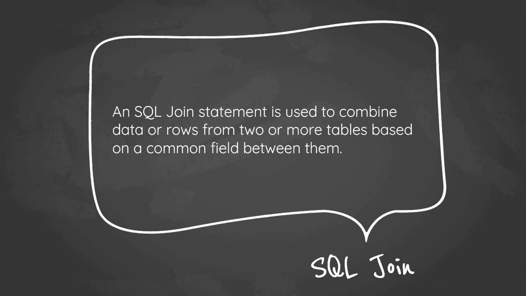Now, specifically for today's task, which is writing some SQL join statements, let me start off by giving you a quick definition. An SQL join statement is used to combine data or rows from two or more tables based on a common field between them.